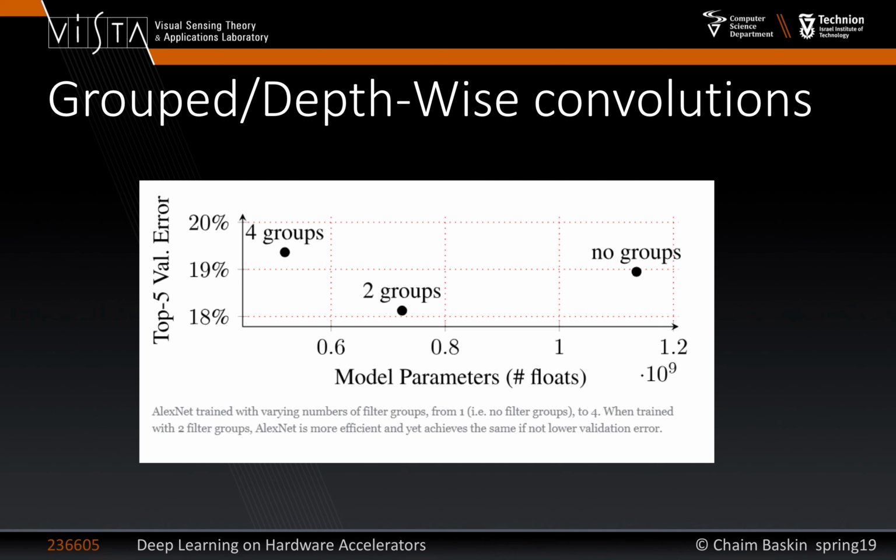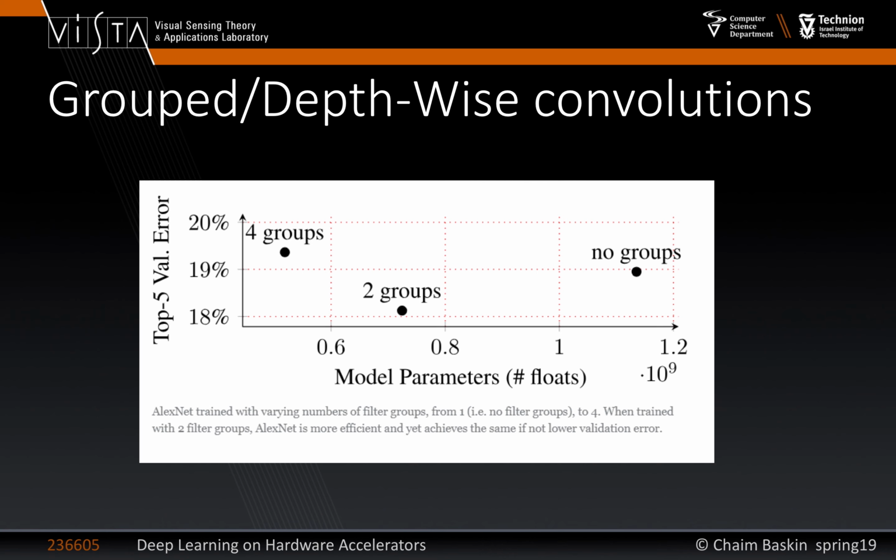Here he showed that we actually achieve better results than using no groups. Again, it's the same phenomenon of regularization. And with 4 groups, they achieve a little bit more, but it's negligible accuracy difference compared to no groups.